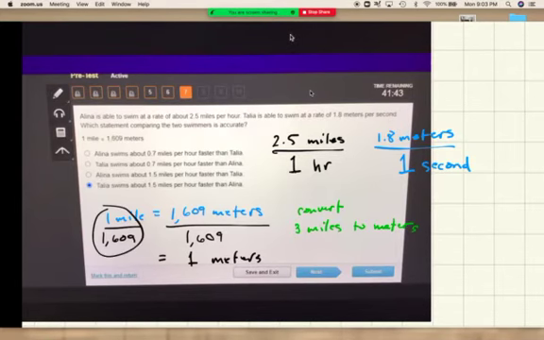And then 1 divided by 1,609, that's going to be some decimal. 1 divided by 1,609 is 0.123615 miles. So now, if I want to convert 1.8 meters into miles, I just take this and multiply it by 1.8.